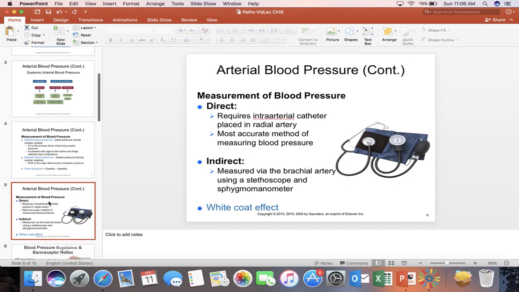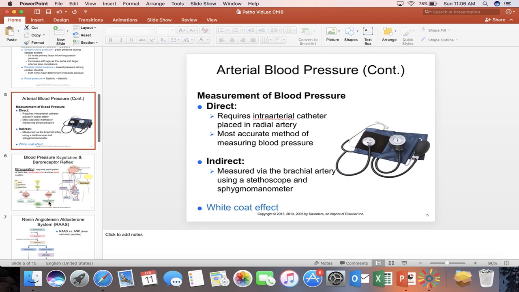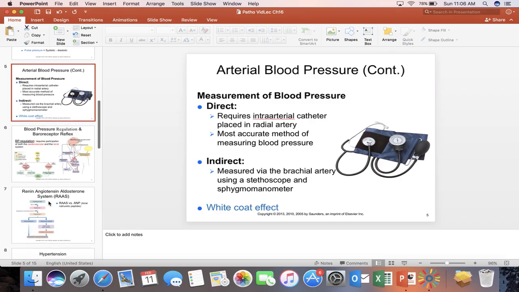The second way, which is the way we do in the clinic, is the indirect way, which is measurement at the brachial artery using the stethoscope and the sphygmomanometer. For some reason, patients have this white coat effect: as they see the practitioner in a white coat, their heart rate goes up and they get nervous. So that also influences the blood pressure.